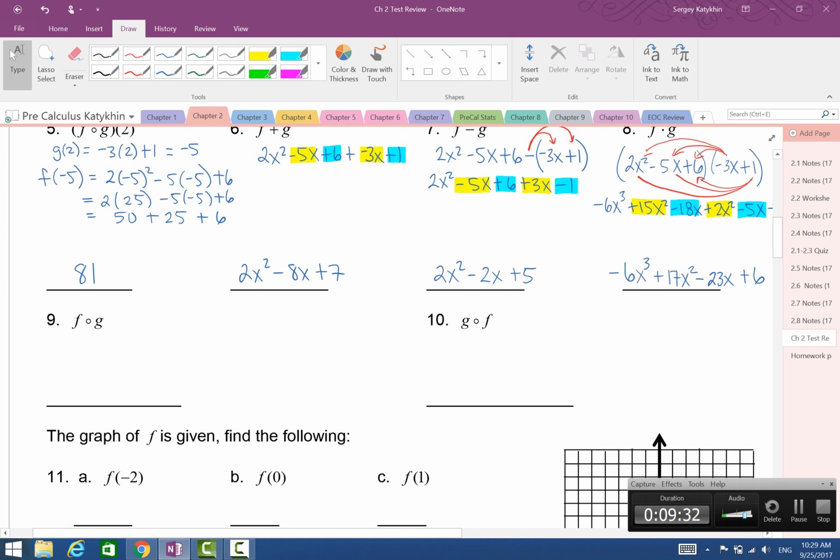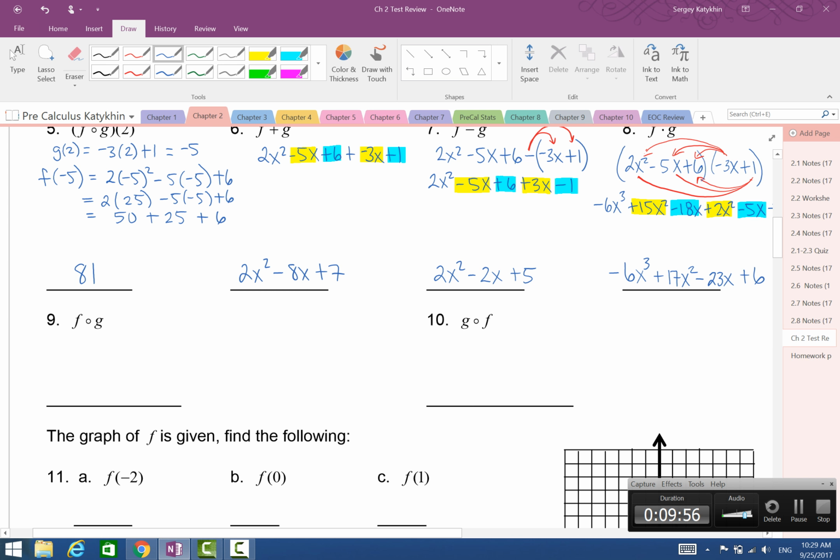So as you see with number 9, it's asking you to take the function g and input it, or place it, in the function f. So what we have to do is take g, which is negative 3x plus 1, and everywhere we see x in f, we're going to put negative 3x plus 1.